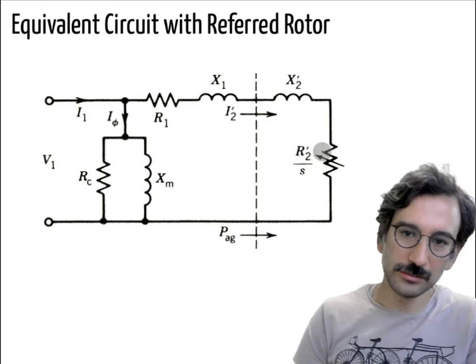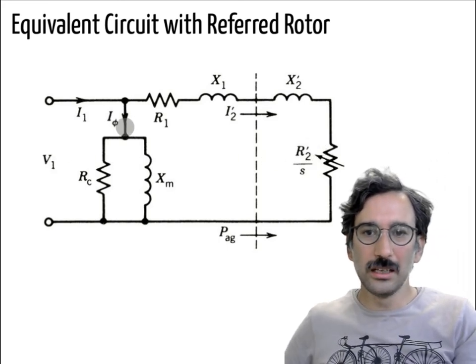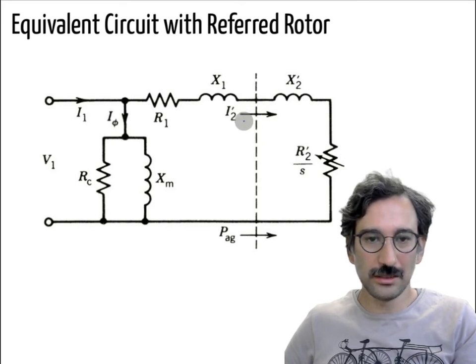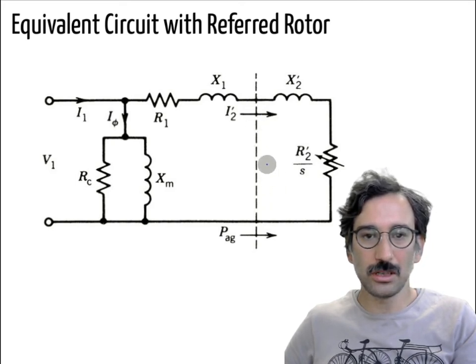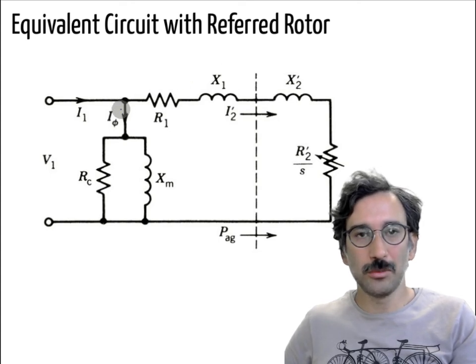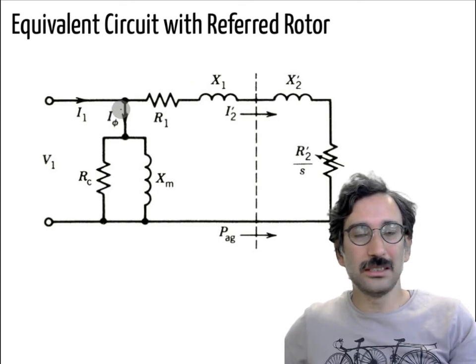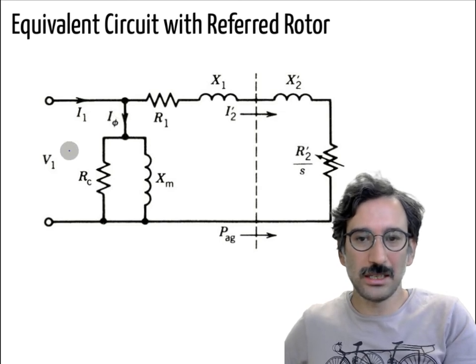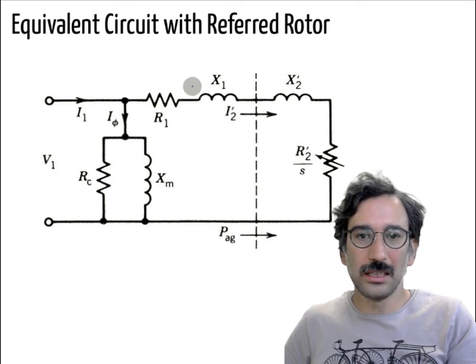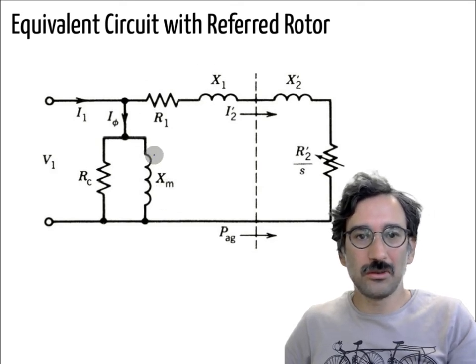Here again, that parallel branch is actually here in a more appropriate circuit, but it can be simplified. It can be moved to the primary terminals, like we did with the transformers as well. RC is the core resistance, XM is the magnetizing reactance, R1 and X1 are the stator winding components.